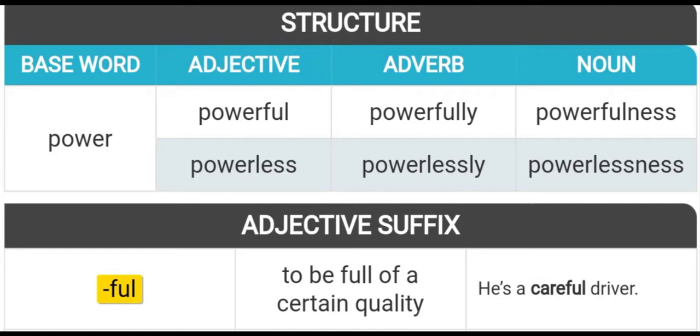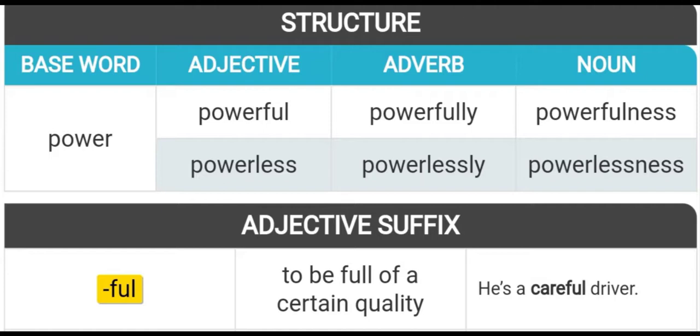Similarly, fullness or lessness, if we add these two suffixes to the base form of a word like power, it makes a noun. For example, powerfulness, powerlessness. Meaning becomes clear when we see what it makes when we add any of the suffixes to the base form.